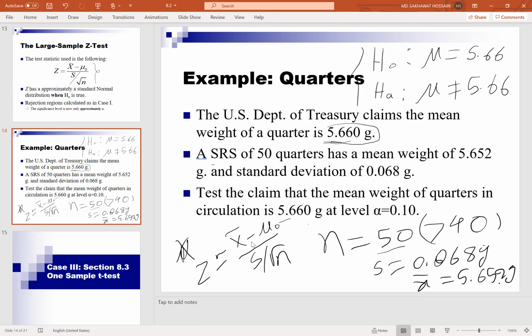Now you have to plug in all these numbers to find the value of the test statistic. Then you will compare the test statistic with the critical value, or you can also calculate the p-value and compare with the alpha value.